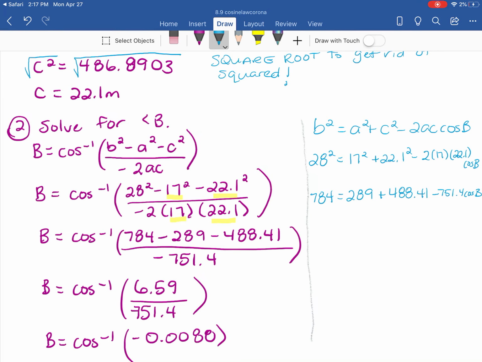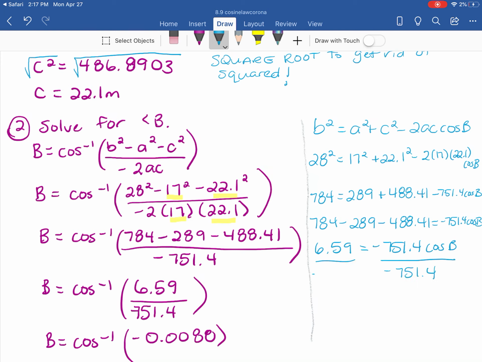Minus 2 times 17 times 22.1, 751.4 cos B. Okay, so you can see there's similarities, right? You can see the 751.4, the squares and stuff like that. So it is similar. Now I'm bringing these over and subtracting. Okay, now do 784 minus 289 minus 488.41. Oh, there's that 6.59 again.